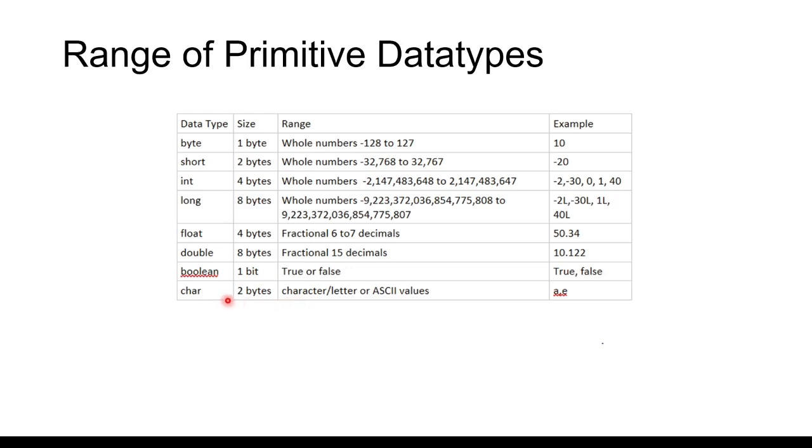So when you try to assign a character to this variable, the actual ASCII value of that character will be stored in this char variable. Okay, so these are the different ranges of the primitive data types. Now we will see an example of each data type.